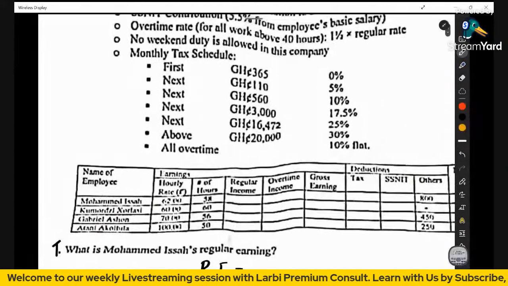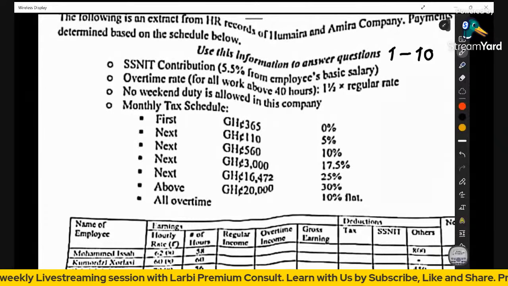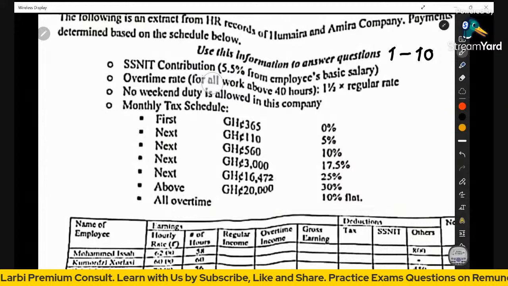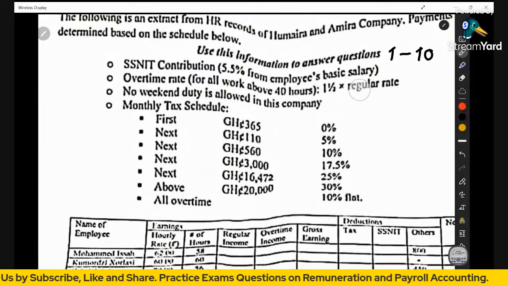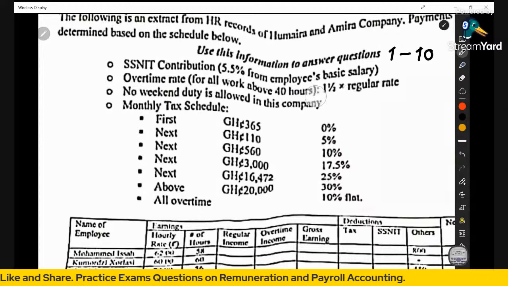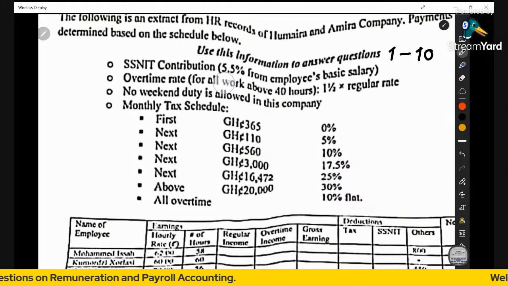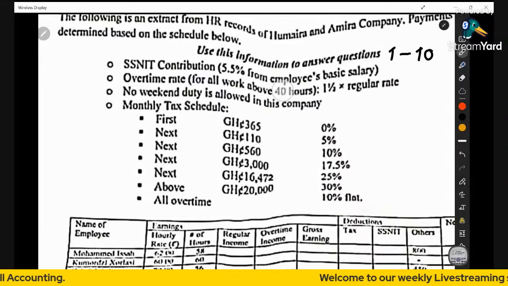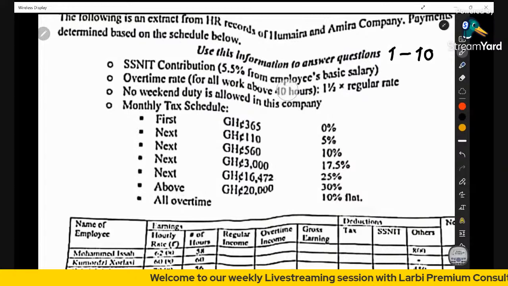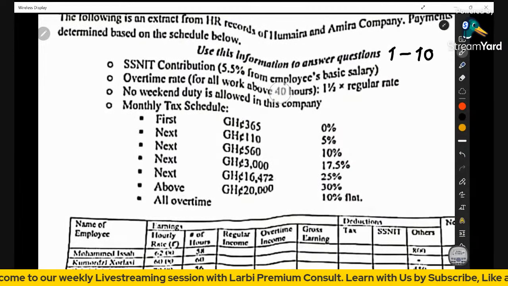You can clearly see that the overtime rate bullet says that all work above 40 hours attracts 1.5 multiplying, and that is overtime. So all I'm emphasizing is that the standard hours for the work should be 40 hours, and any hours that exceed 40 hours go for overtime income. So the standard hours is 40 hours.